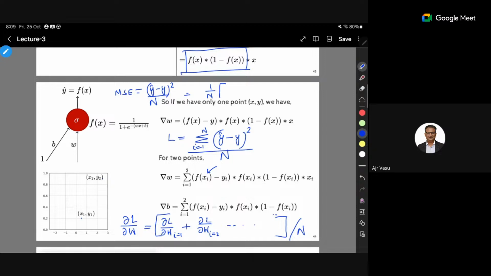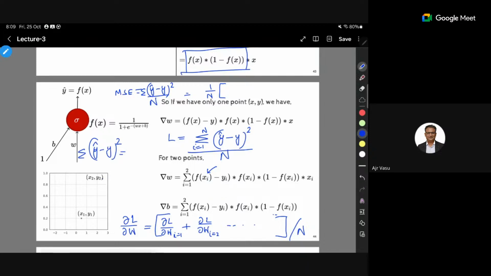I don't care much about it. But if it is just squared error, let's say (y hat minus y) squared, and you take the derivative for all the points, then divide by n will never come, because it was never there. Just the summation part will come. Correct. So then divide by n is not required.